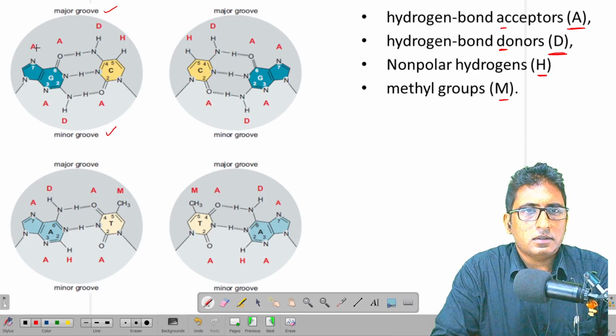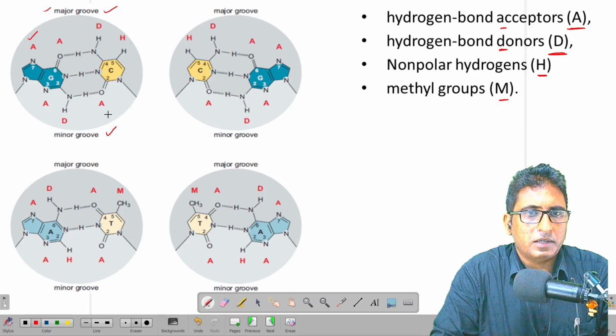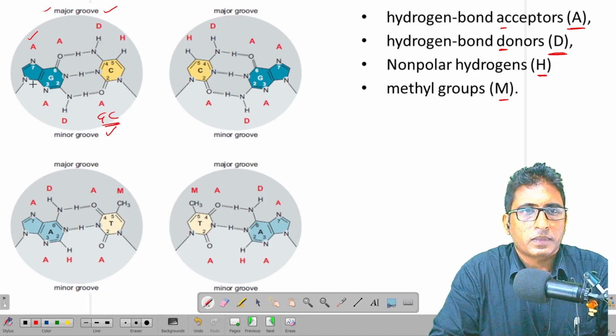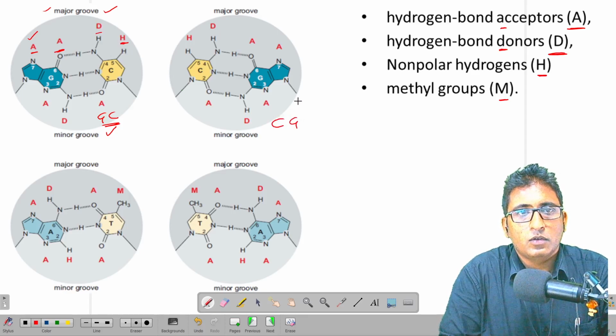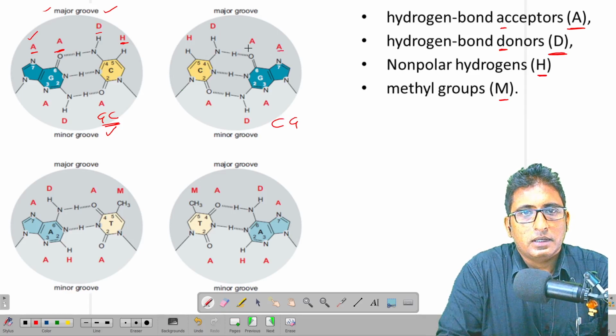So on the major groove side, these are some of the groups that are there for a GC base pair: A, A, D, and H. If we have it as a CG base pair, we would have the reverse of it, AADH, right, or HDAA.